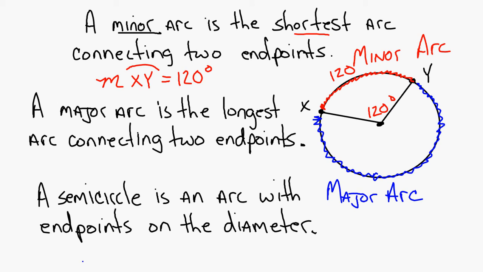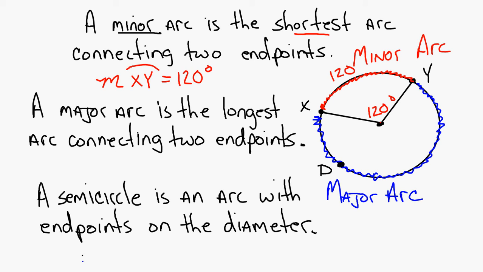Now take this picture and add a D right here, point D in that major arc, because when the book and your quiz are describing major arcs, they will use 3 letters.